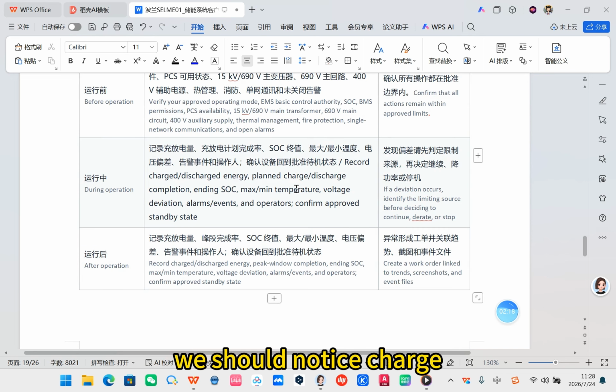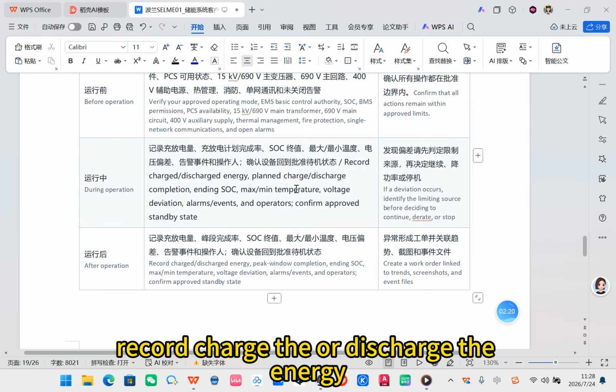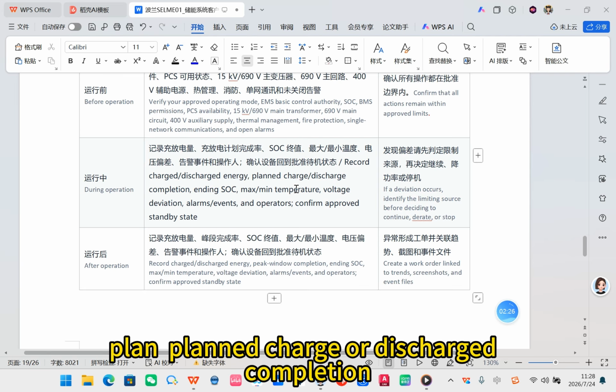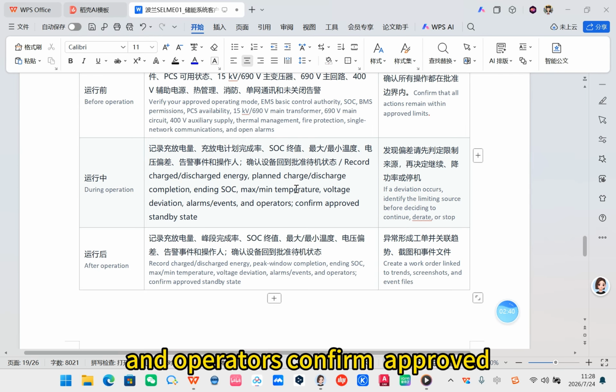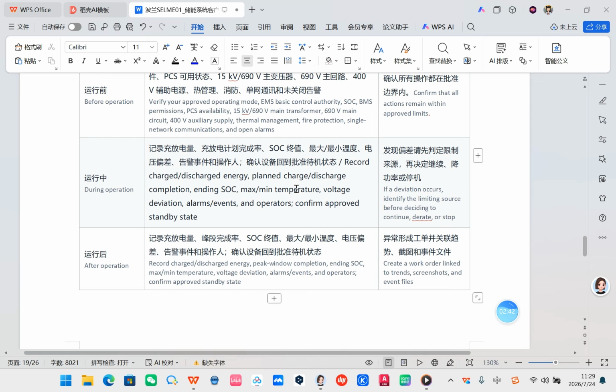During operation, we should record charged or discharged energy, planned charge or discharge completion, ending SOC, max and mean temperature, voltage deviation, alarms or events, and operators confirm approved standby.